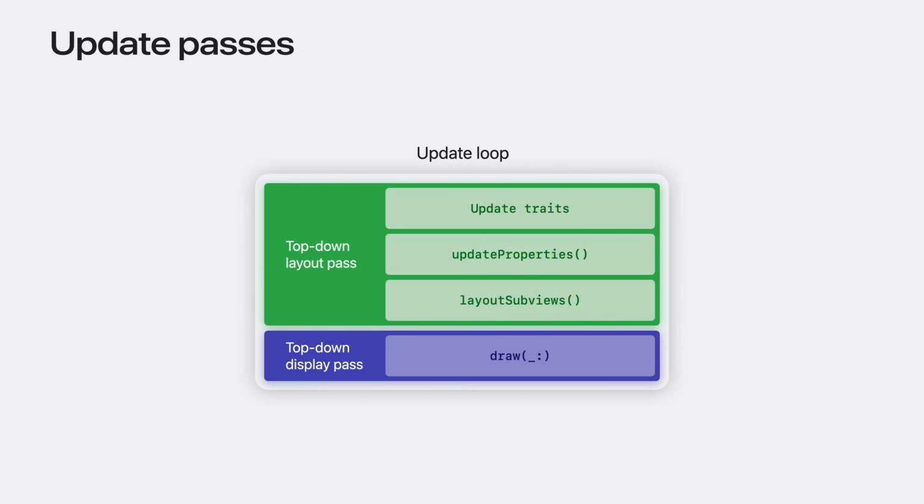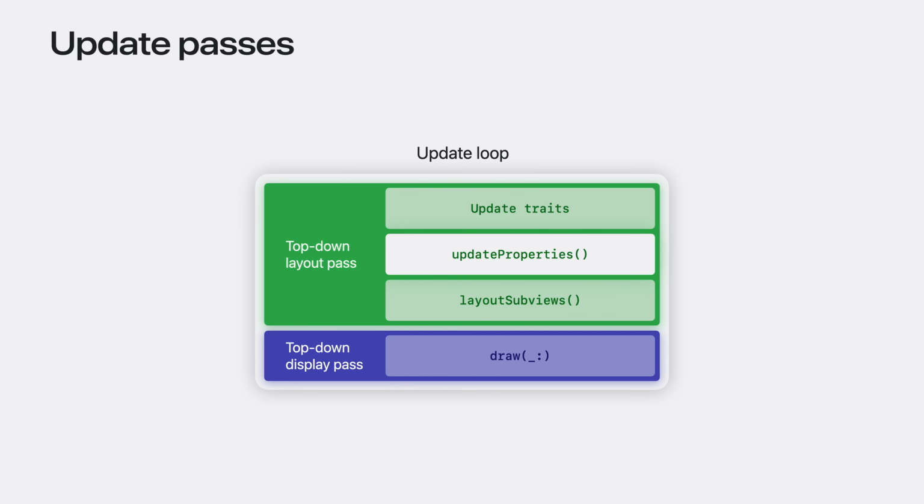And here's how the new updateProperties callback fits in. During the top-down layout pass, UIKit runs updateProperties right after updating traits, and just before layoutSubviews. You can think of layoutSubviews as being split into two stages: property updates first, then the usual layout logic.